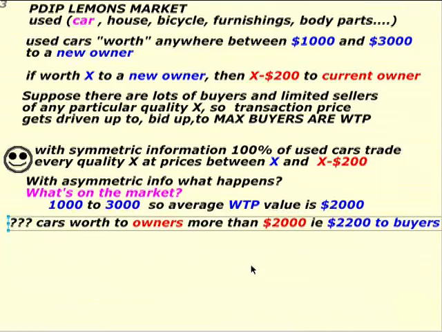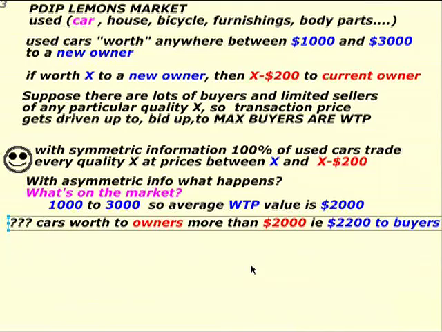So an owner with a price of $2,000 will have that car fetched for $2,200 to buyers, and anybody with a higher value to buyers won't actually sell at a price of $2,000, okay?